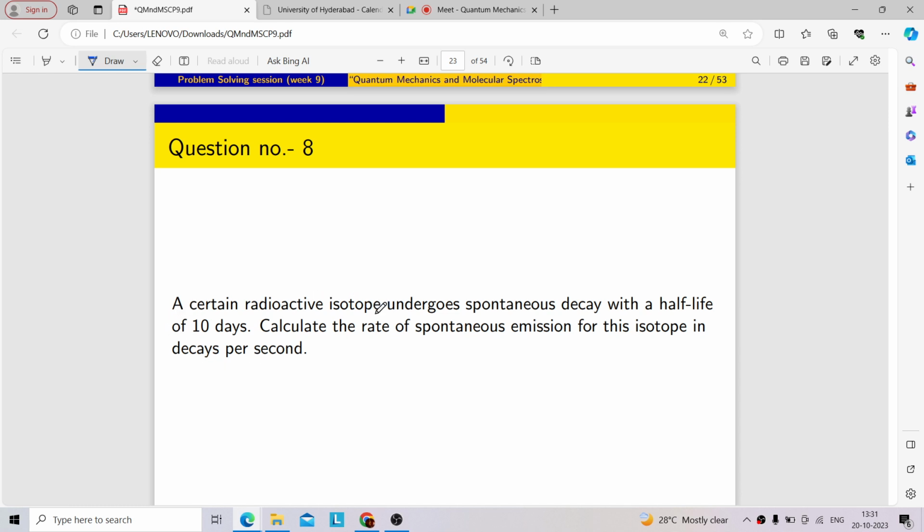A certain radioactive isotope undergoes spontaneous decay with half-life 10 days. Then calculate the rate of spontaneous emission for this isotope in decays per second.